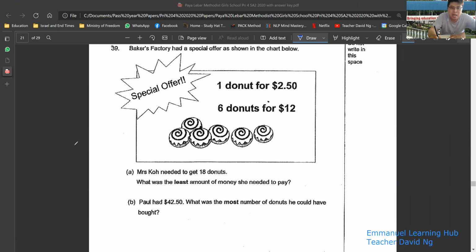The factory had a special offer as shown in the chart below. So 1 donut for $2.50 or 6 donuts for $12. Mrs. Cole needed to get 18 donuts. What was the least amount of money she needed to pay?